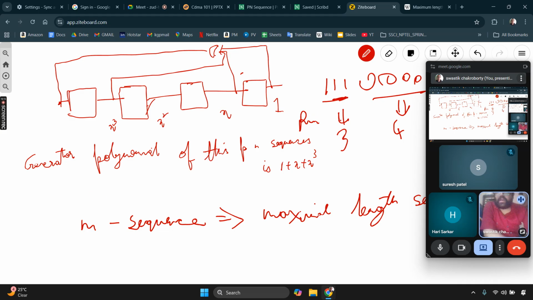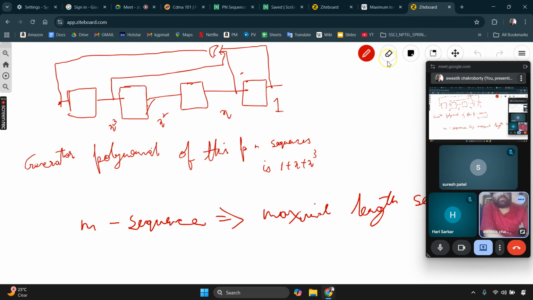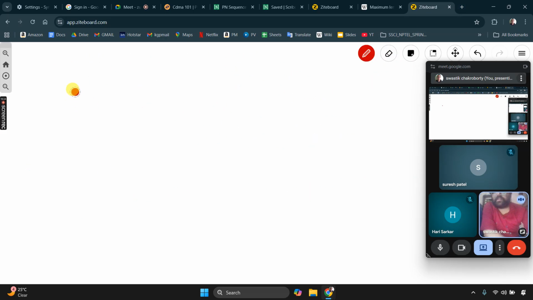So here if we take a larger sequence of 15 length, say, positions 1 2 3 4 5 6 7 8 9 10 11 12 13 14 15 16.